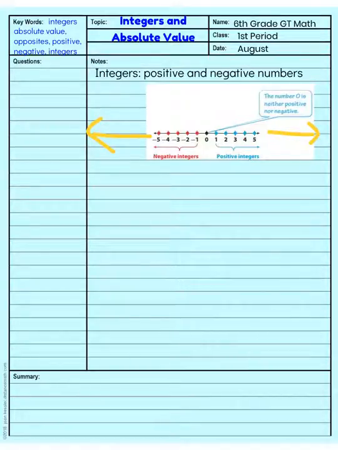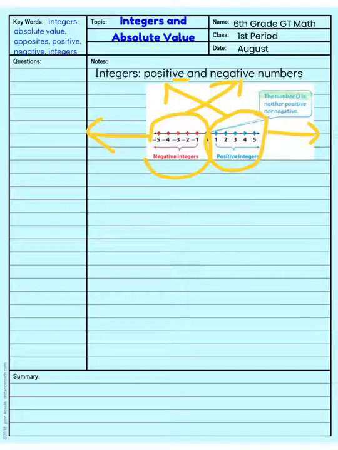Integers are going to be the negative numbers, which you have right here in the definition, and then the positive numbers. And if you notice, it says right here that the number 0 is neither positive nor negative, so it is not included as an integer.